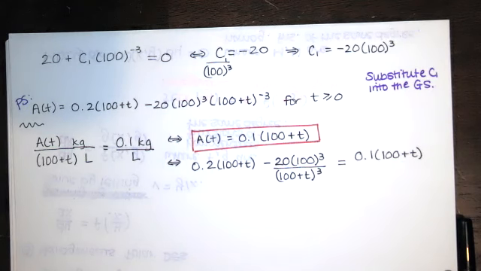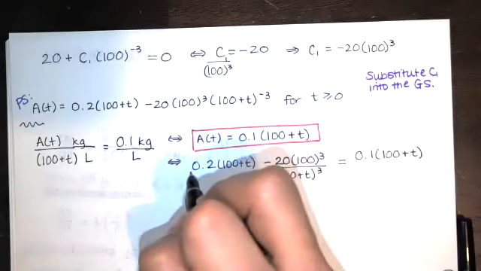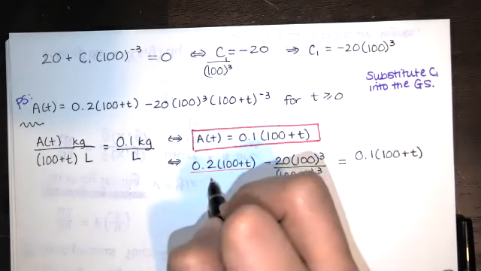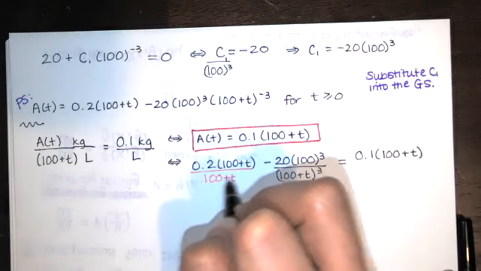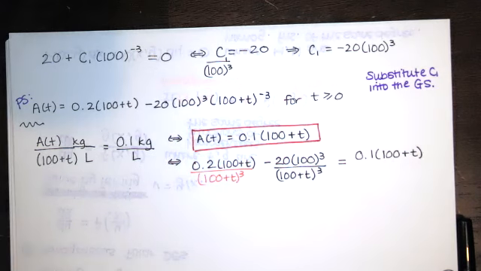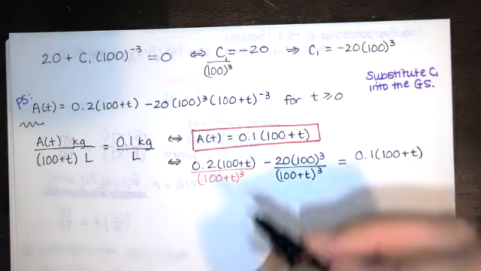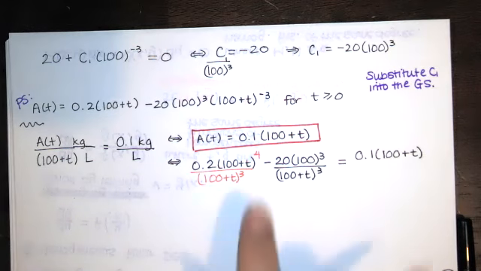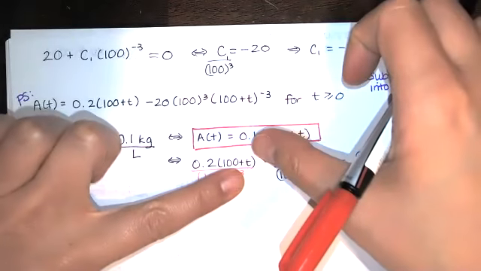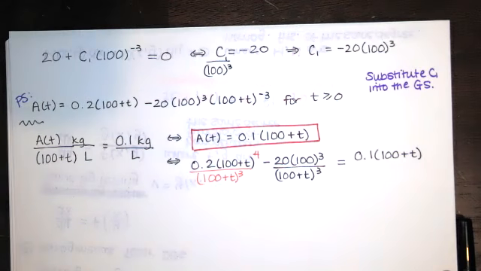Well, to make it simple to solve, I'll get a common denominator on this left-hand side. So I'll multiply this one by 100 plus T cubed over 100 plus T cubed, which would make that a 100 plus T to the fourth over that. That over that simplifies to that. You should check if you're not sure.